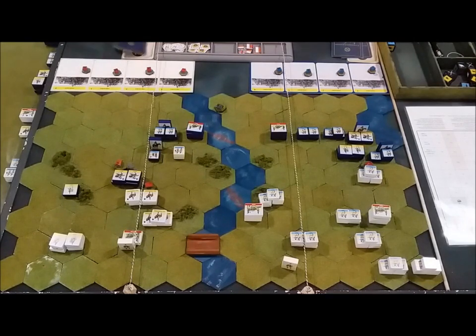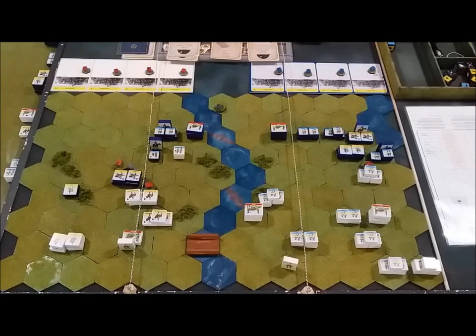Okay. French. Feeling a little bit happier. And they have an attack right, a scout left, a fire and hold, a probe right, and a short supply.